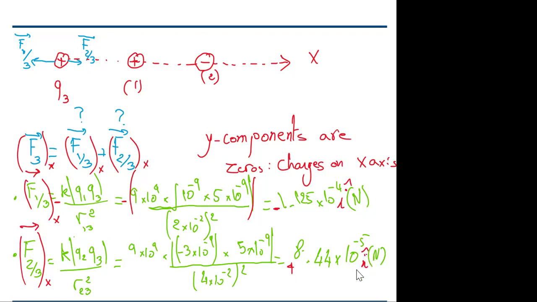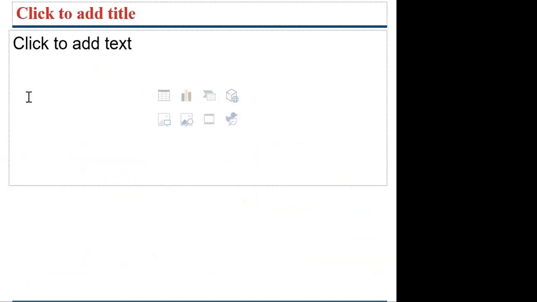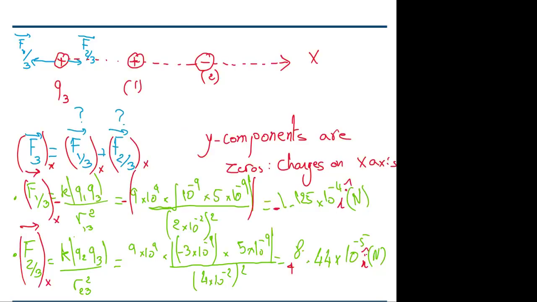Now we got the two vectors, so we can get their sum, just using the superposition principle. So F3, as we said, is equal to F1 on 3 plus F2 on 3.